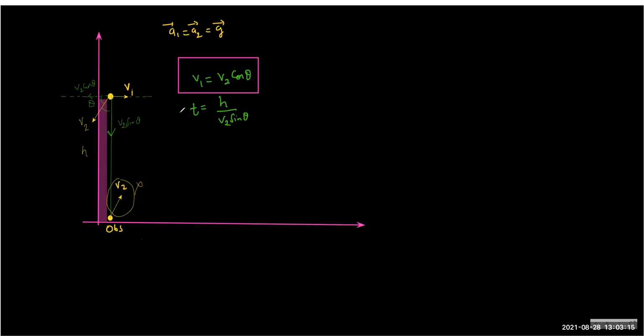And why is the acceleration not affecting? Because the free fall is the same for both of them. One cannot see the change of the other, because the height through which you have fallen is the same for one and two both, since gravity is acting on both of them. So whatever height you have fallen, it is always the same for both. So you cannot see that movement. Okay.